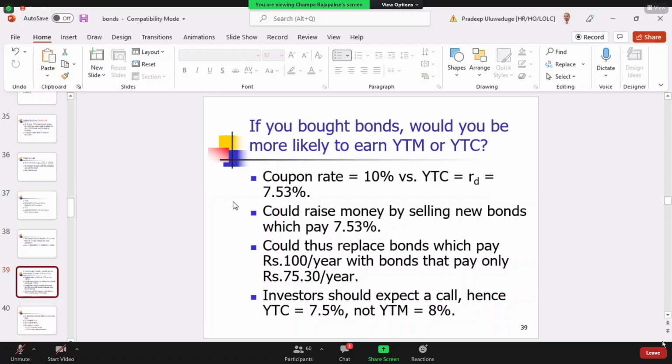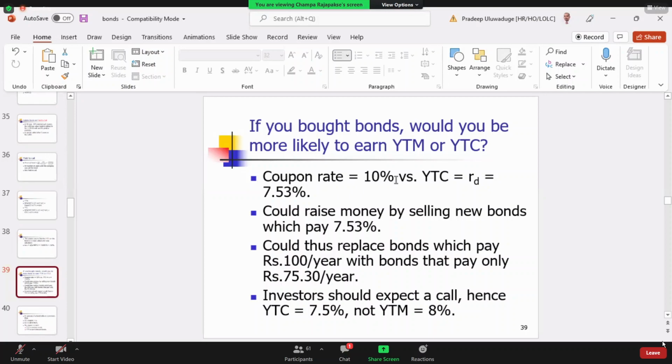if you bought bonds, would you be more likely to earn YTM or YTC? If you bought a bond, would you be more likely to earn the yield to maturity, that is the rate that you get if you hold it until maturity, or yield to call, right?